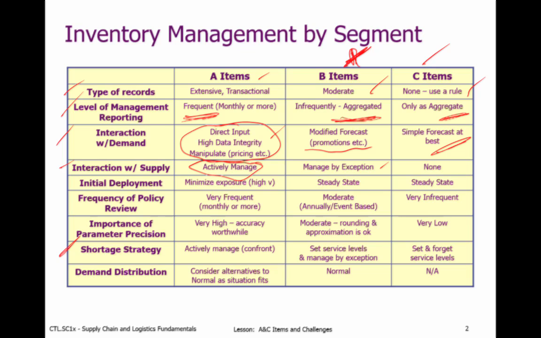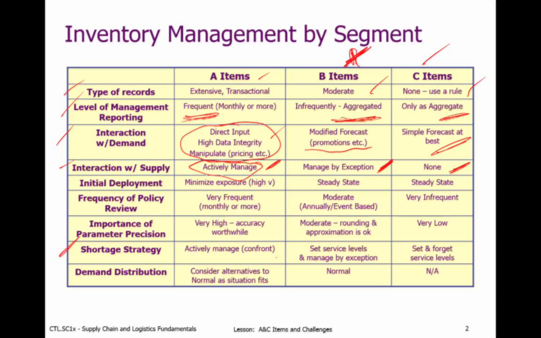And so you're trading off level of service and cost, because you know you're going to probably stock out. We saw how expensive it is to have 100% level of service, whether it's cycle service level or item fill rate. It might be worth it to do something for the A items, but for the B items, you're going to manage by exception. In the C, it's going to be minimal interaction with suppliers. You're not going to actively manage the supplier of your paper clips.